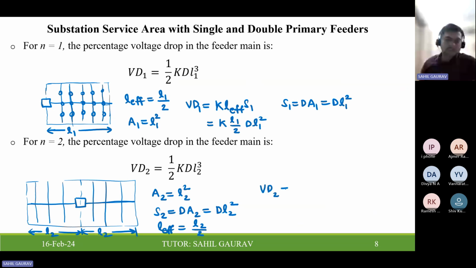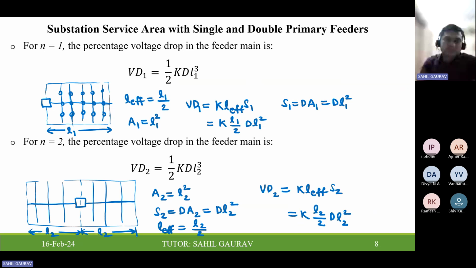So voltage drop is K into L effective into S2, so K into L2 upon 2, S2 is D into L2 square. So this is the basic one, but in the assignment we don't have problems based on these single and double primary feeders. But for understanding, you can correlate with them.